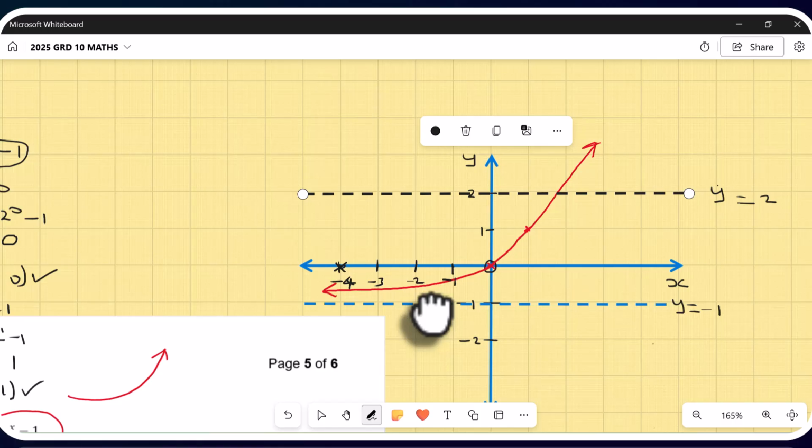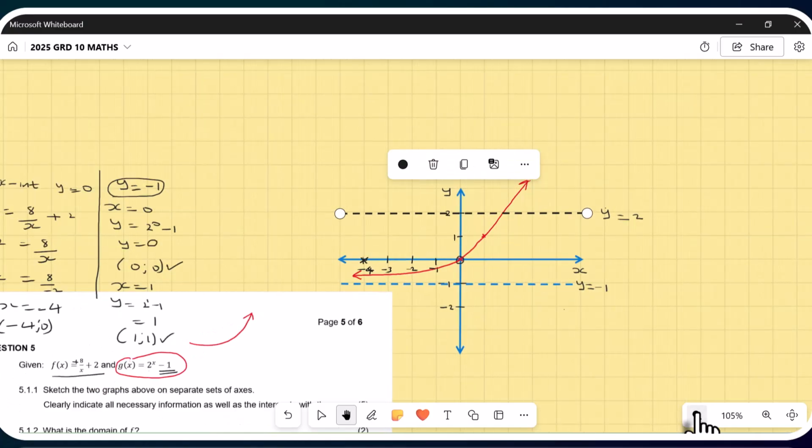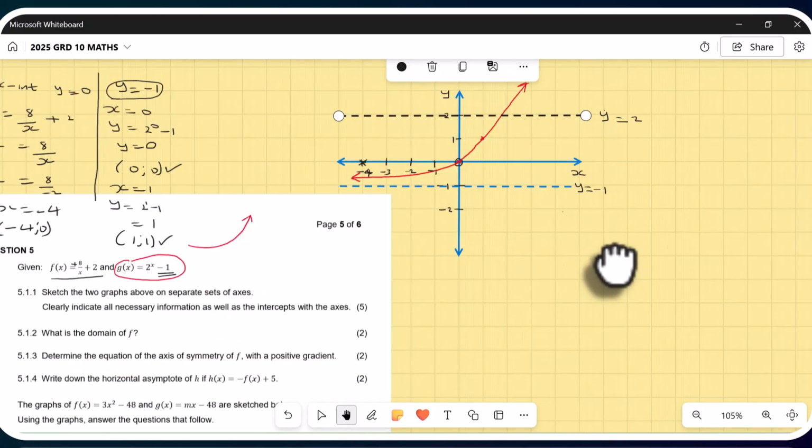That's our answer. It's the line of symmetry with the positive gradient.